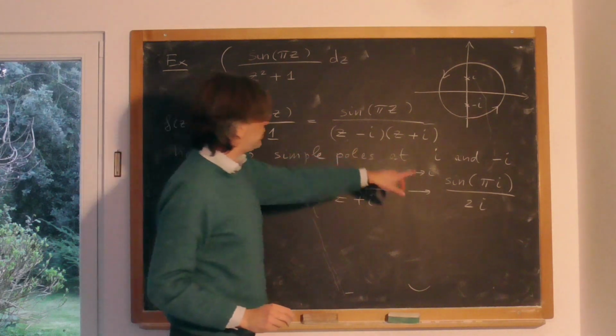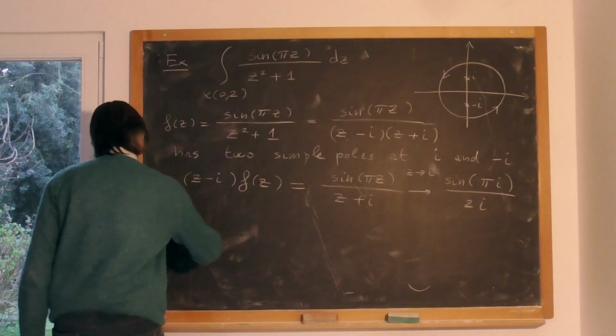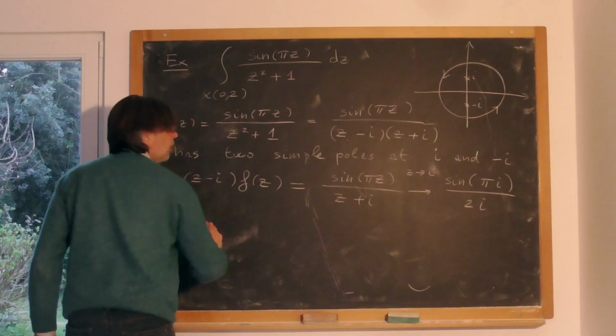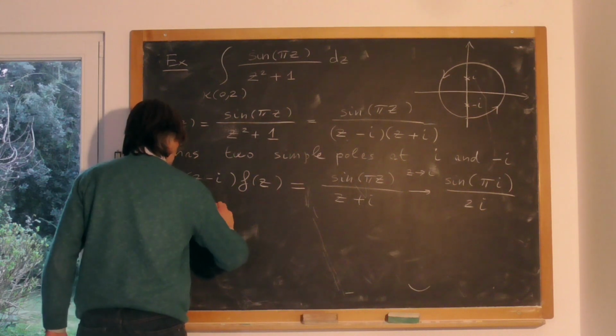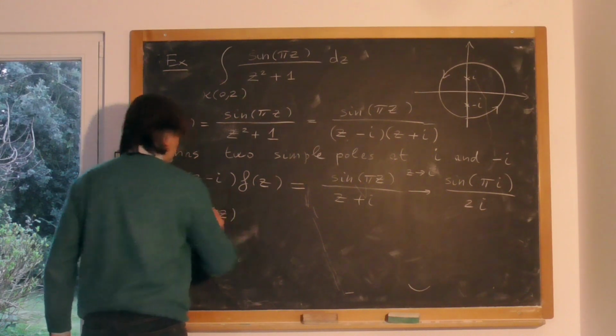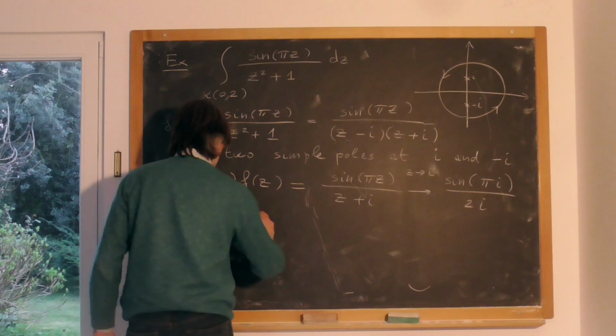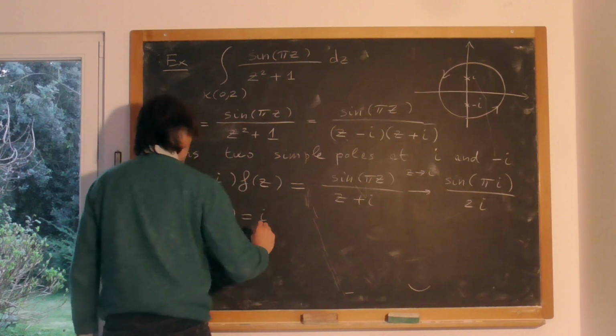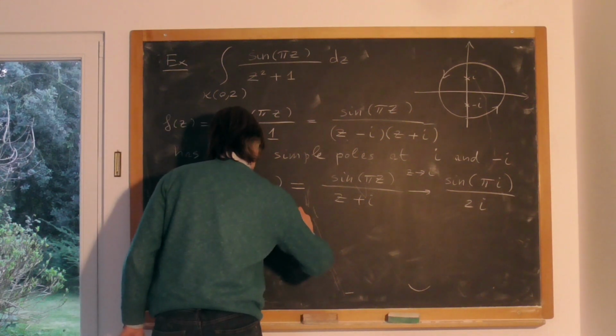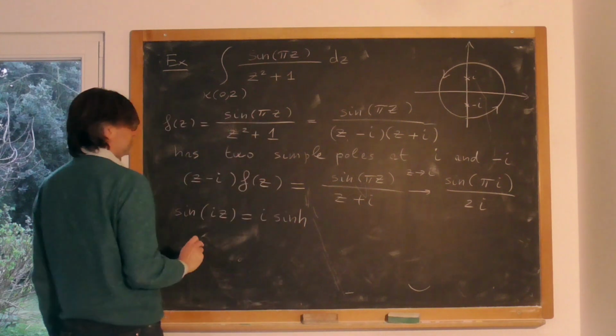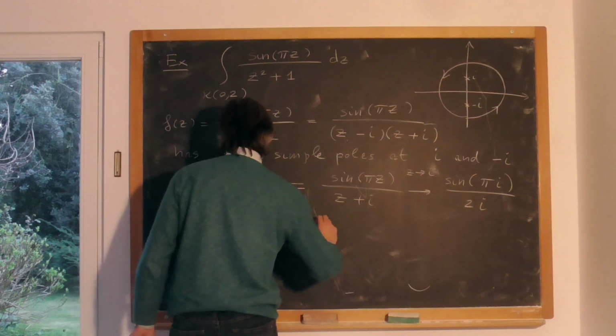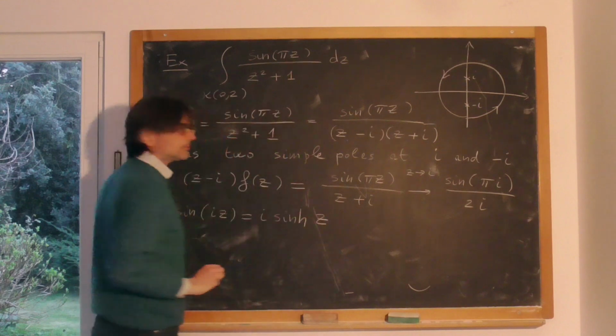And here you can also use the formula: sine of i times a complex number z is the same as i times hyperbolic sine of z.